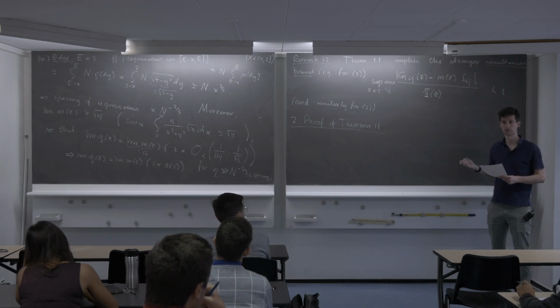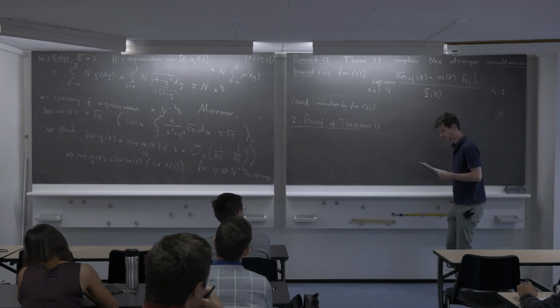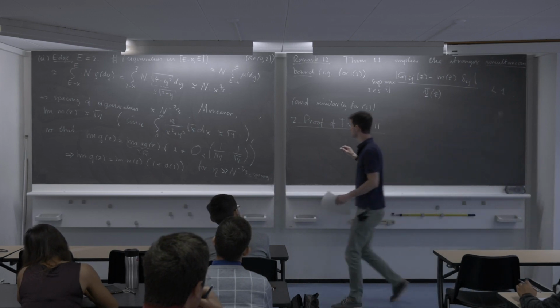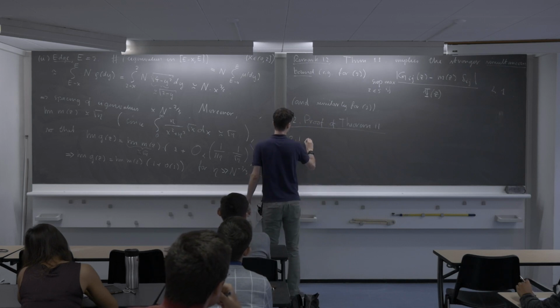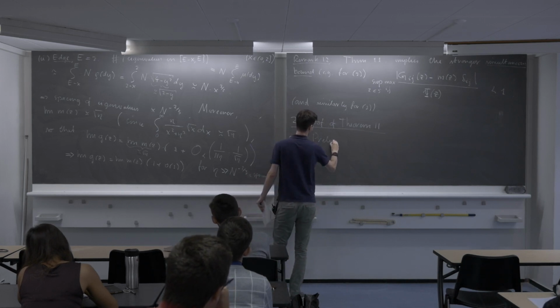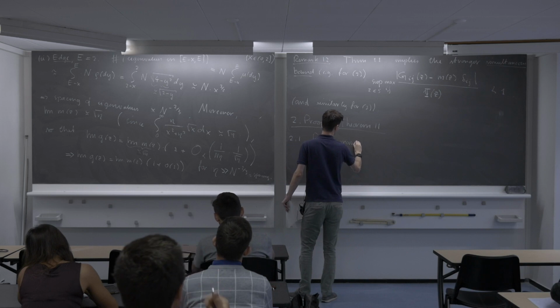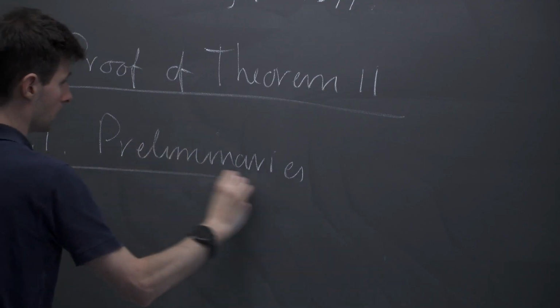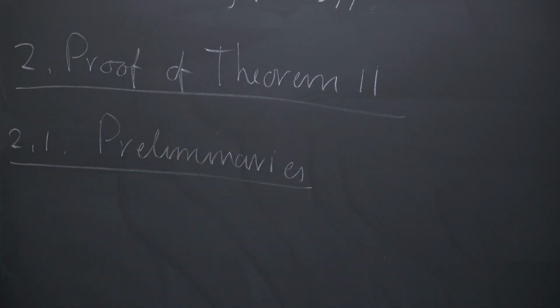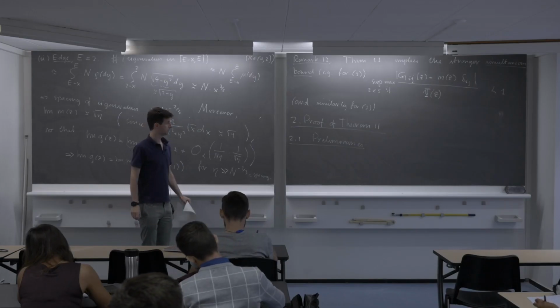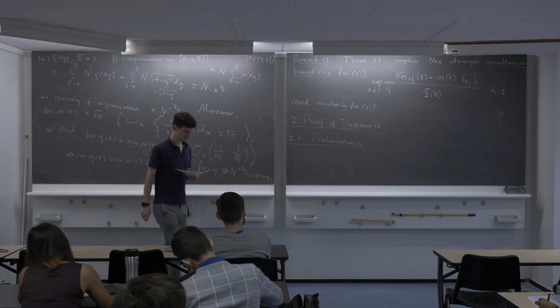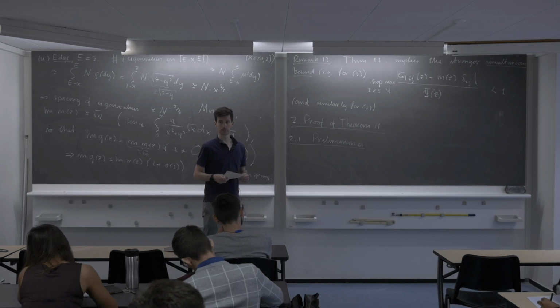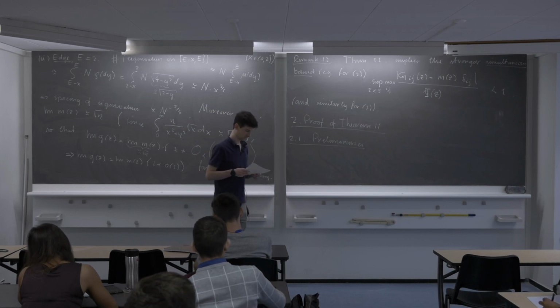It uses lots of nice ideas, powerful tools that are generally applicable in many different contexts. So let me start by a section of preliminaries where I will collect a bunch of tools and notations which we will use throughout the proof.